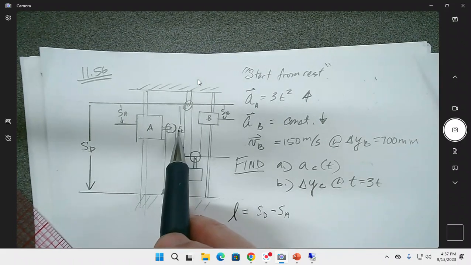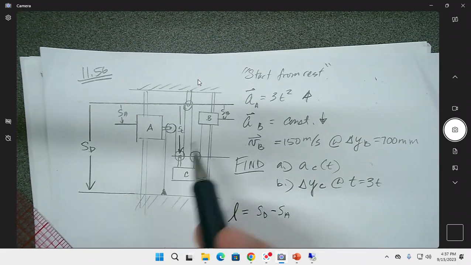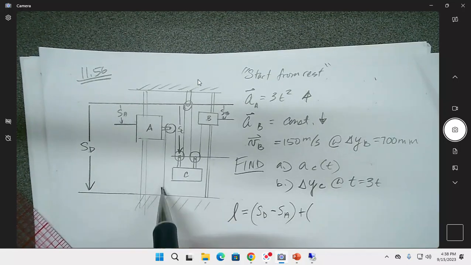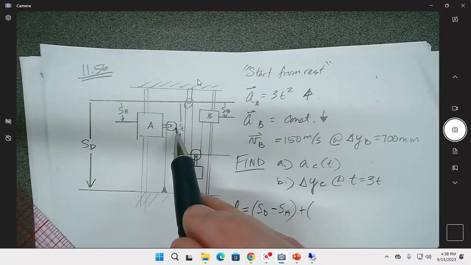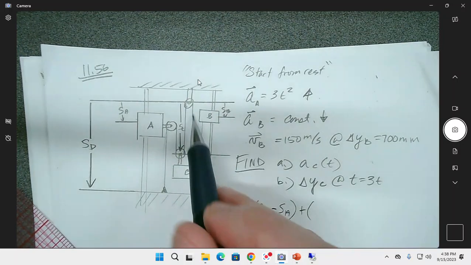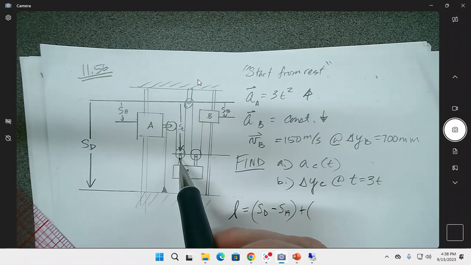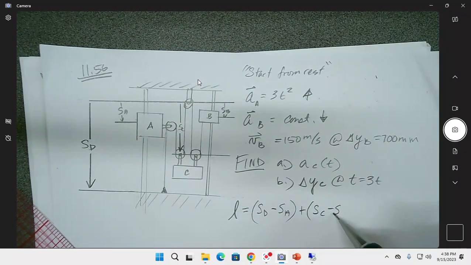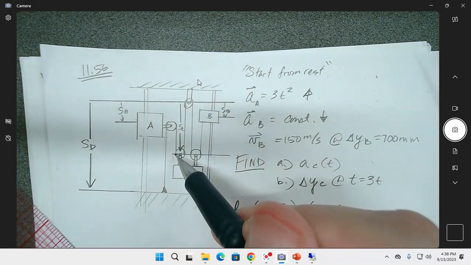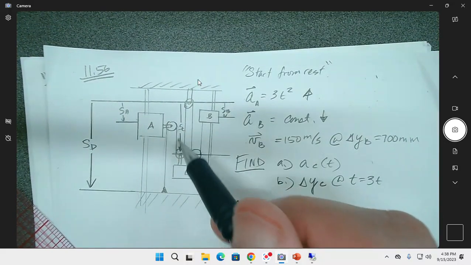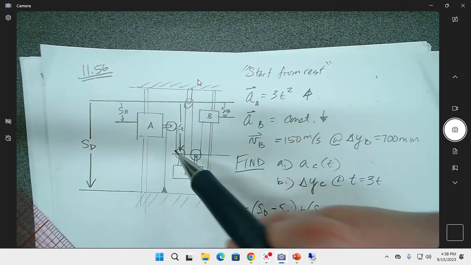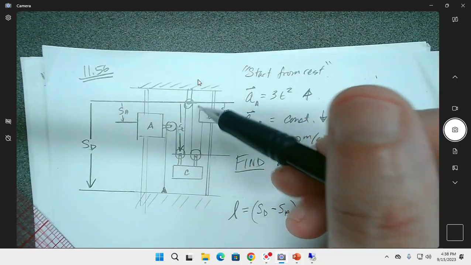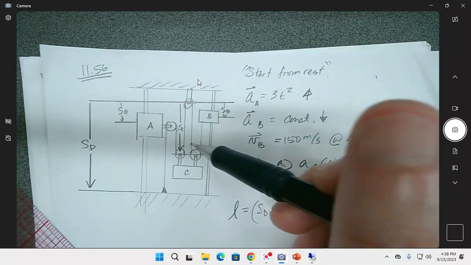Now this length is, in parentheses, plus SC minus SA. Then this one right here should be 2SC.